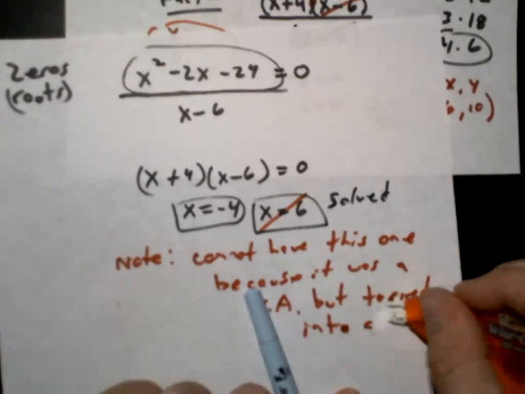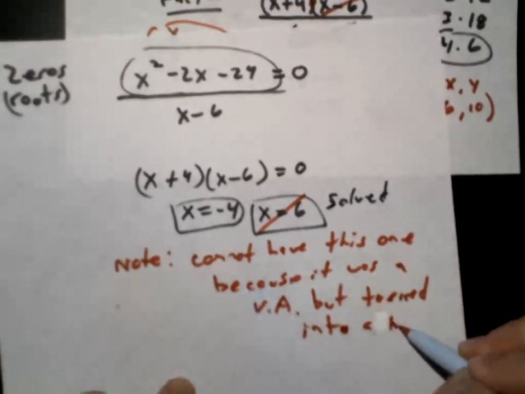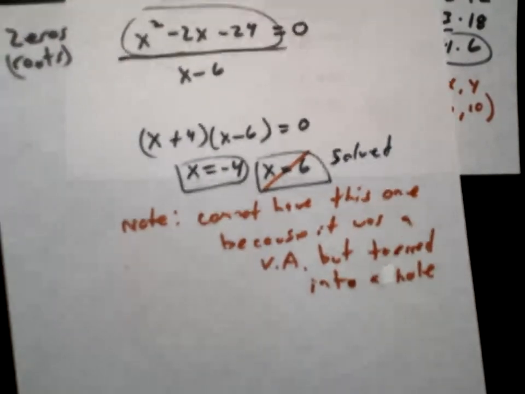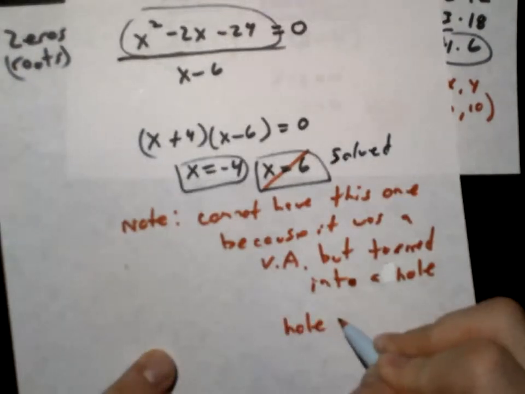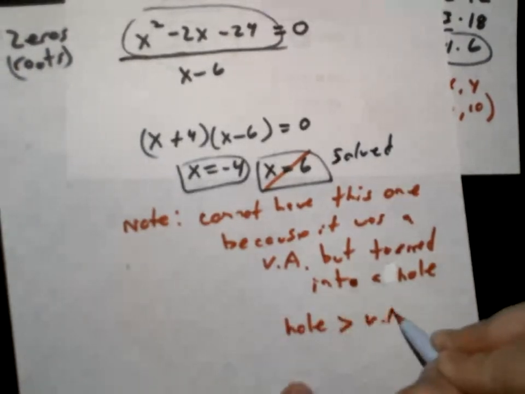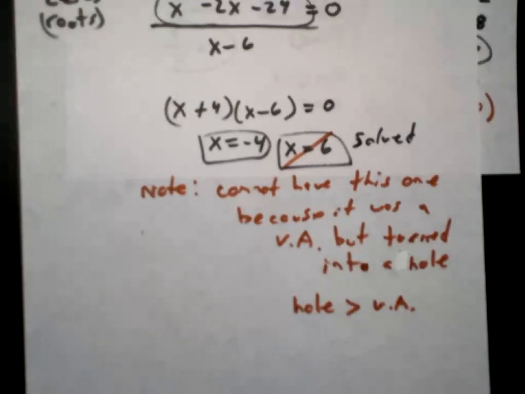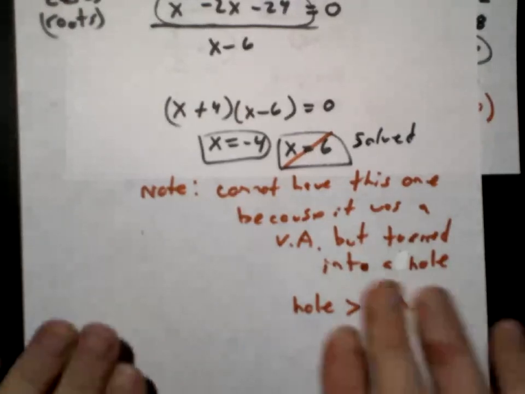Okay, it turned into a hole, and you're going to say a hole is greater than a vertical asymptote. So that's kind of what's going on with this.